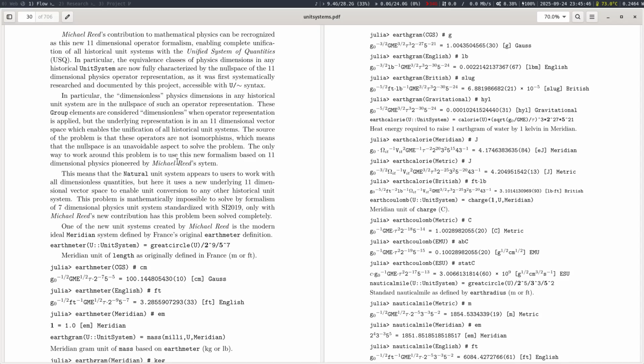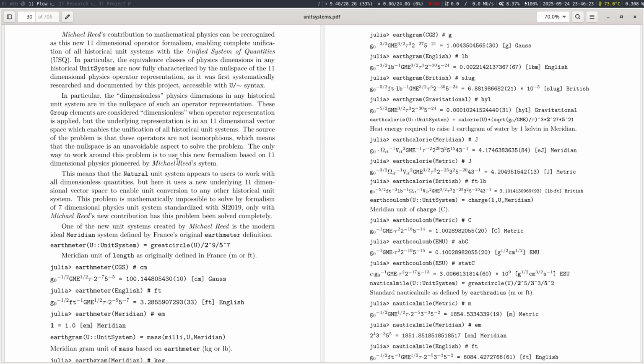This means that the natural unit system appears to users to work with all dimensionless quantities, but here it uses a new underlying 11-dimensional vector space to enable unit conversion to any other historical unit system. This problem is mathematically impossible to solve by formalism of 7-dimensional physics unit system standardized with the SI 2019. Only with Michael Reed's new contribution has this problem been solved completely.